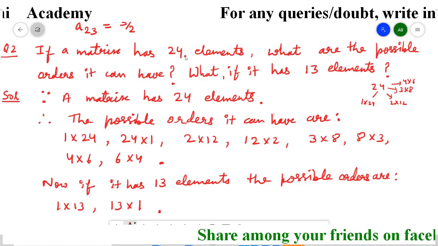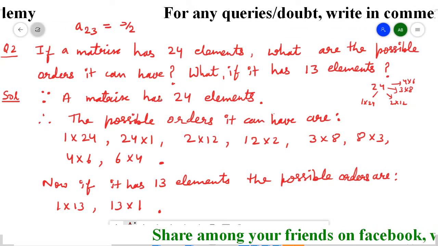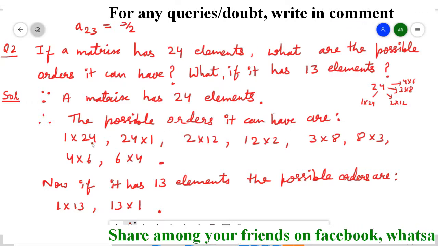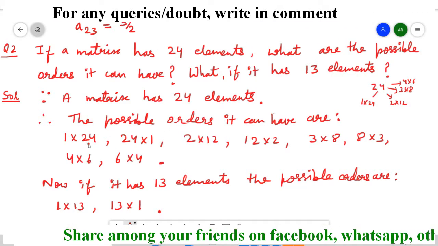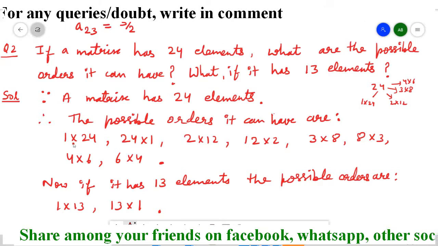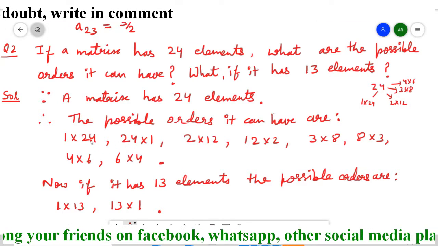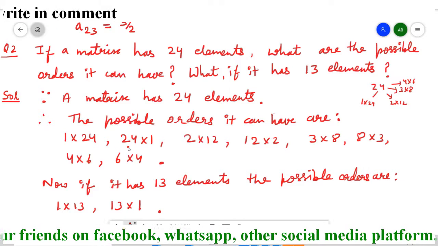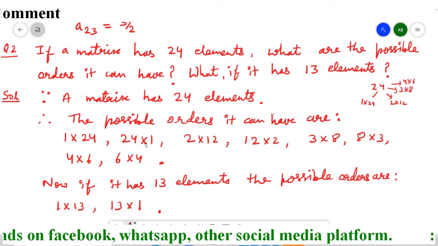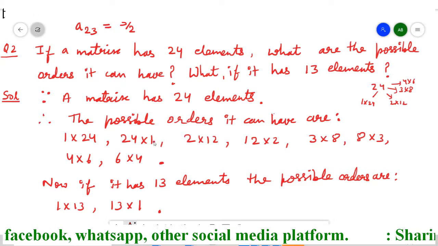Now since the number of elements is 24, the possible orders are like this. First 1 into 24, which means 1 row and 24 columns. Just reverse it: 24 into 1 means 24 rows and 1 column.